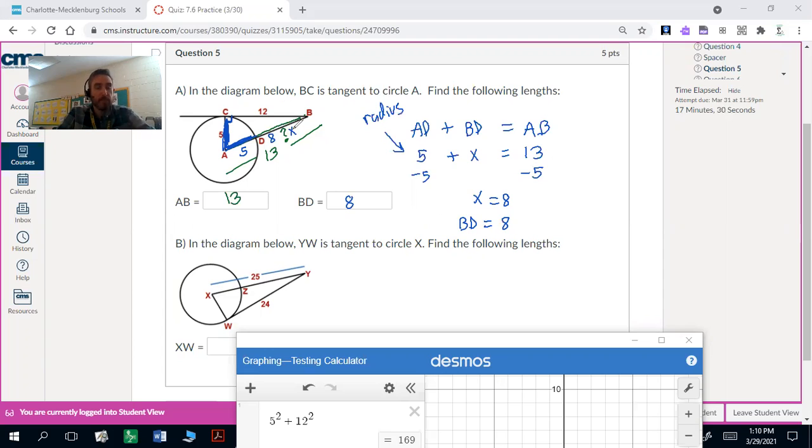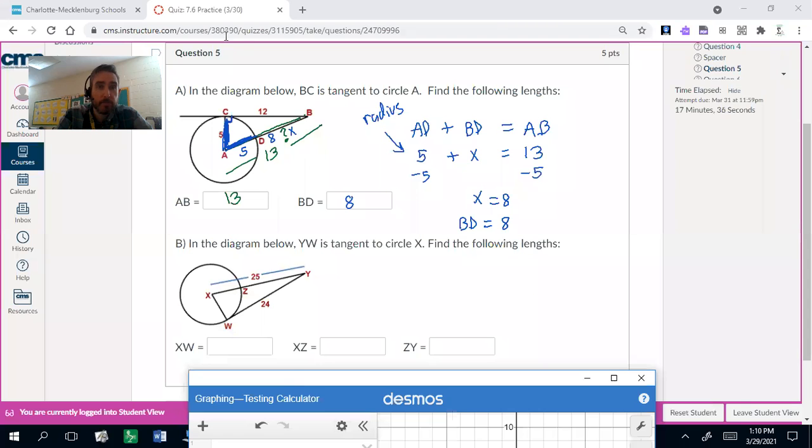Together they add to 13. That's your hypotenuse. You should try the next problem on your own. Pause the video, try it on your own, unpause it when you're ready to watch.